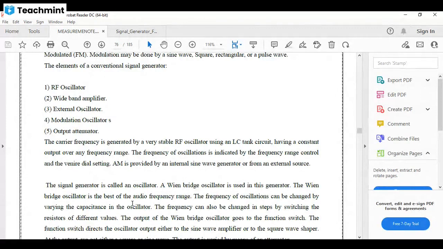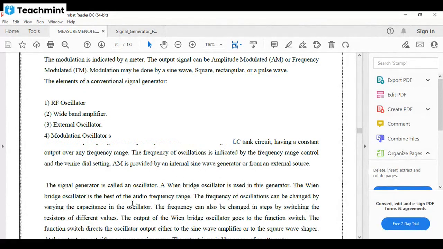The frequency of oscillation can be changed by varying the capacitance of the oscillator, and the frequency can be changed in steps by switching the resistor to different values.